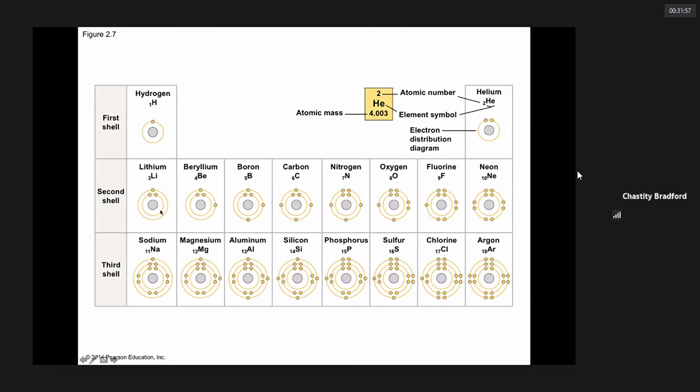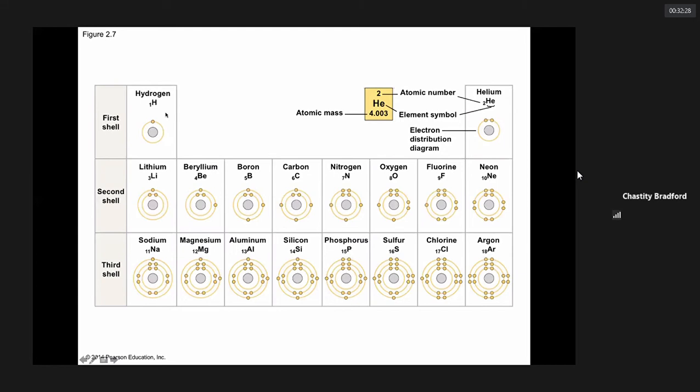Lithium, beryllium, boron, carbon, nitrogen, oxygen, fluorine, and neon. Look at these. Their first energy shell is complete when they have 2. In the second energy shell, you see 1 for lithium. You see 1 in the third shell for sodium. So that is one way that you can quickly figure out how many electrons are in the outermost shell of an element.